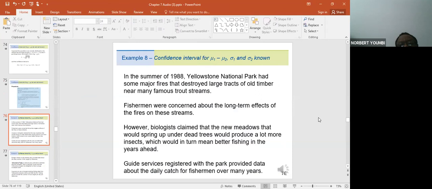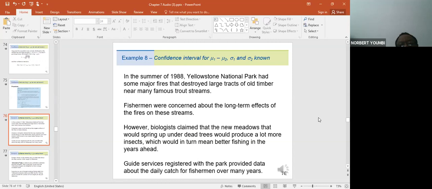In the summer of 1988, Yellowstone National Park had some major fires that destroyed large tracts of old timber near many famous trout streams. Fishermen were concerned about the long-term effect of the fires on these streams. However, biologists claim that the new meadows that will spring up under dead trees would produce a lot more insects, which would in turn mean better fishing in the years ahead.